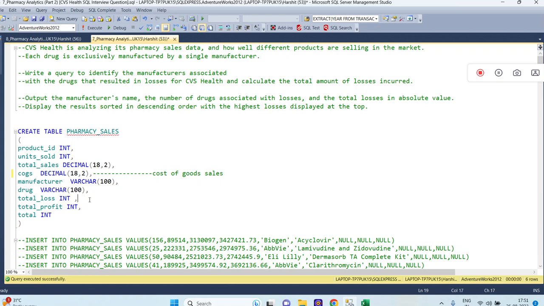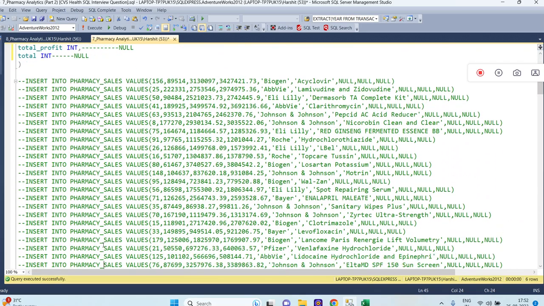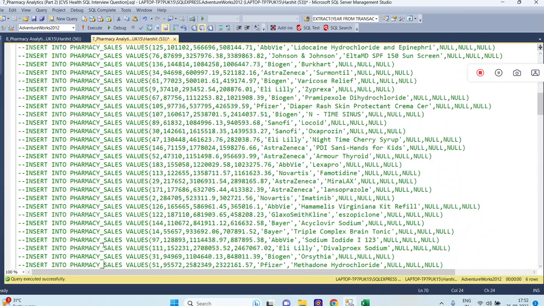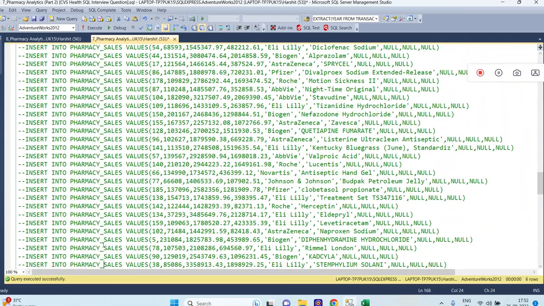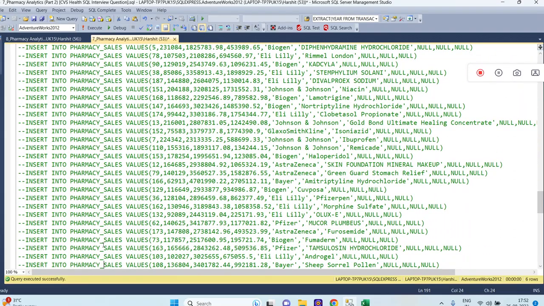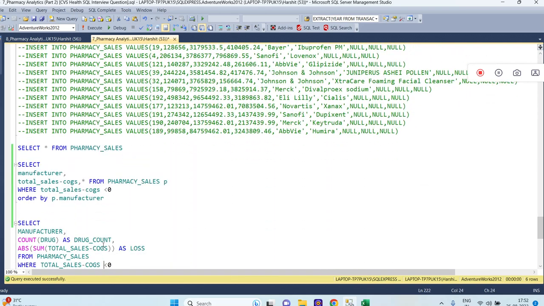Actually, these three columns are null columns only, so they are not required. There is no value in these three columns. And as you can see, I have already inserted the data into the pharmacy sales table. So I will mail you the scripts and everything at the end of the session.